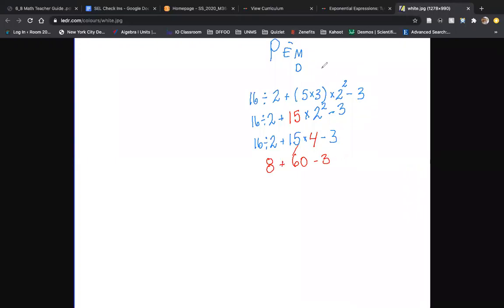And now I do my addition or subtraction. So again, same thing, left to right, add first or subtract. So 8 plus 60 is going to be 68 minus 3 is going to give me 65, right? So that's the final answer there.